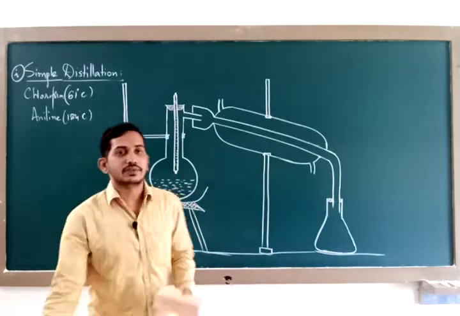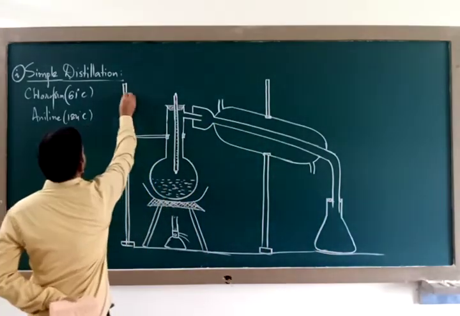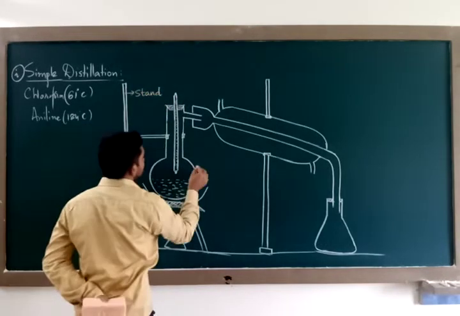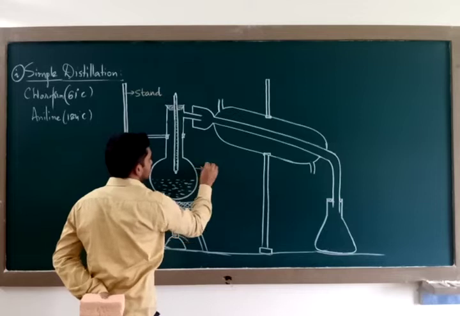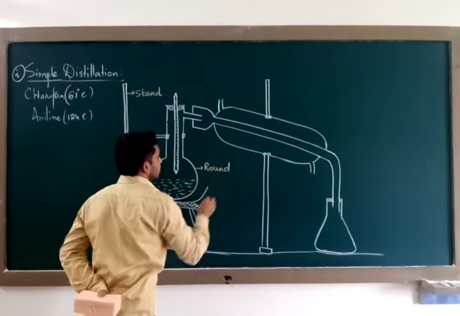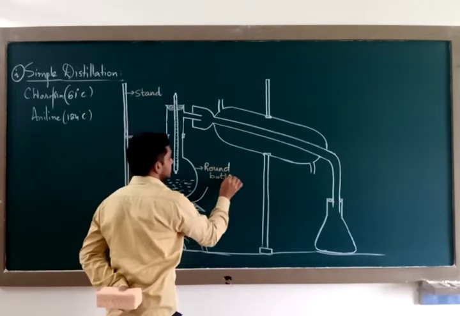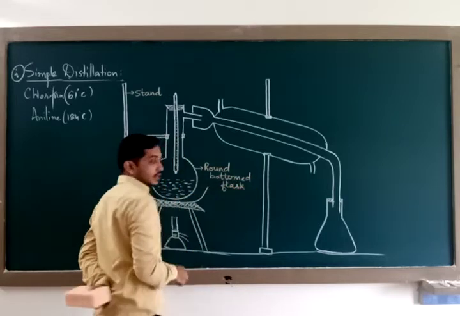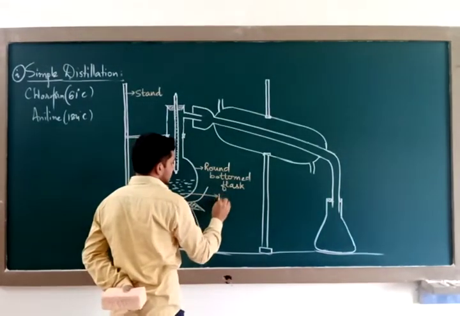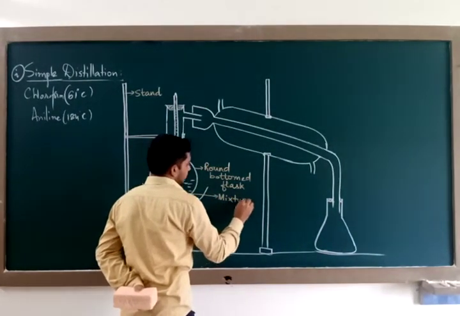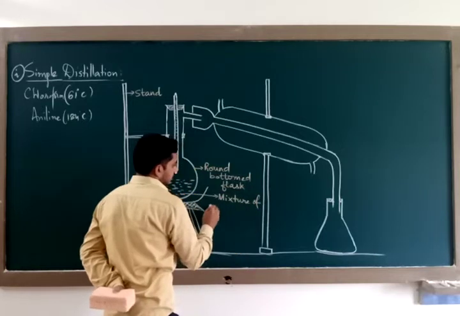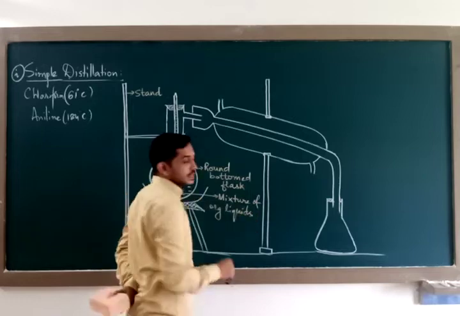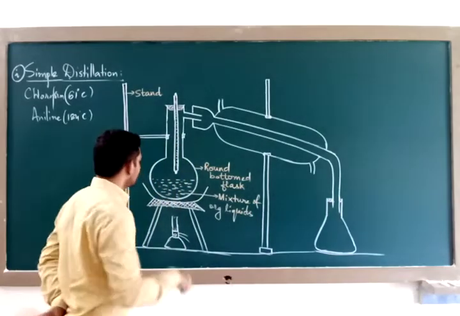So beginning from here, this is the stand. Then this is the round bottomed flask. Then this is the mixture of organic liquids, or you can simply say impure liquid.